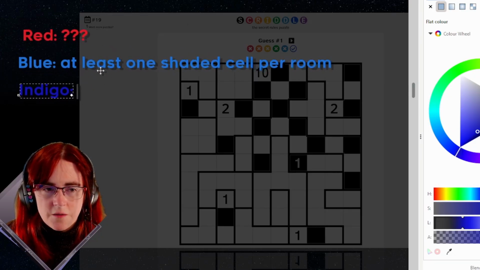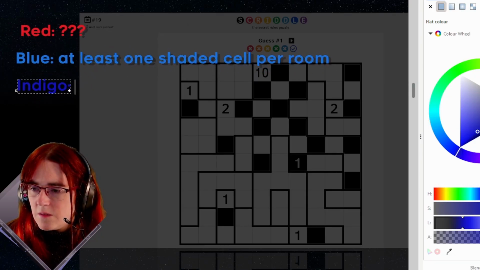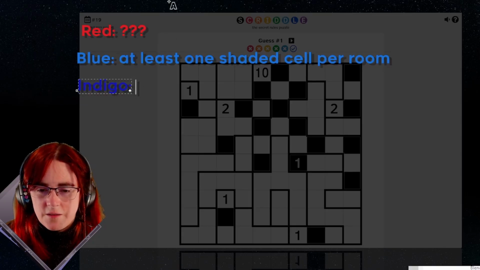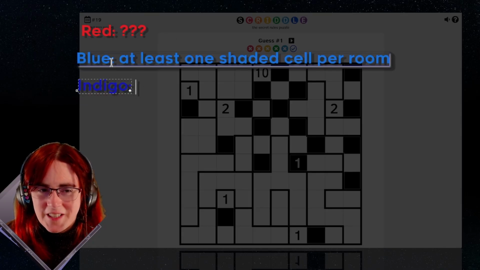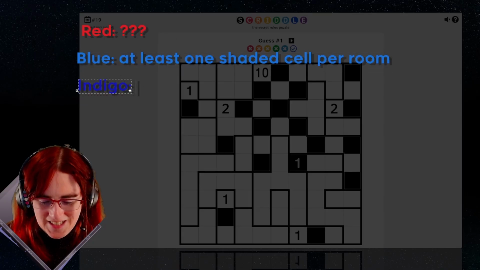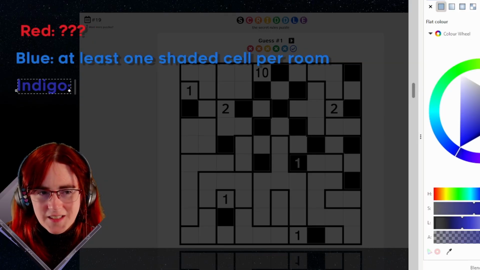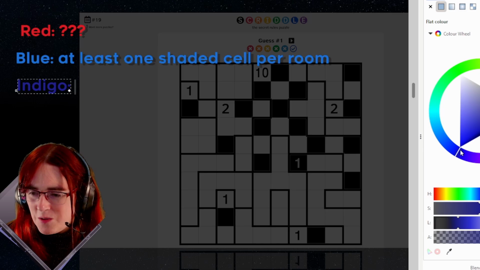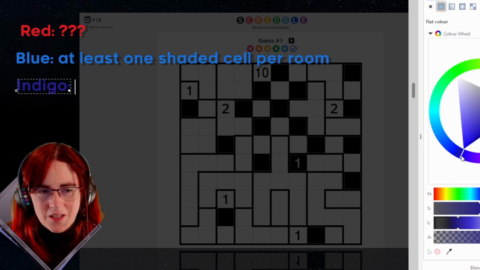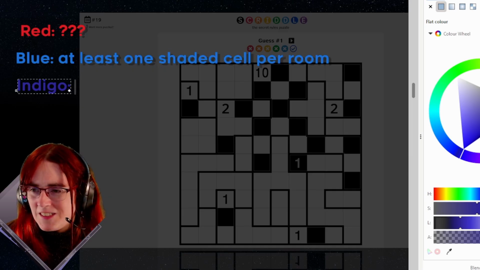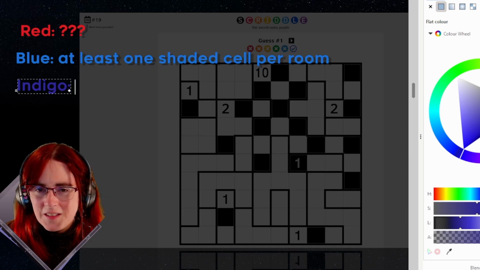Oh, it's slightly off the screen. Can't really read that. Let's make that a little bit brighter. It's kind of a trade-off between making it readable and making it actually be indigo. Good enough. Thankfully we don't have any purple this time.